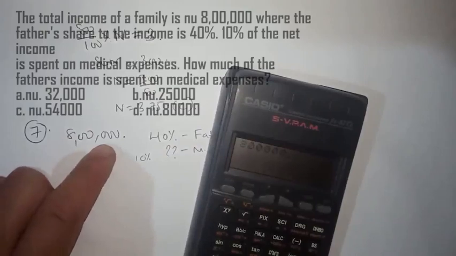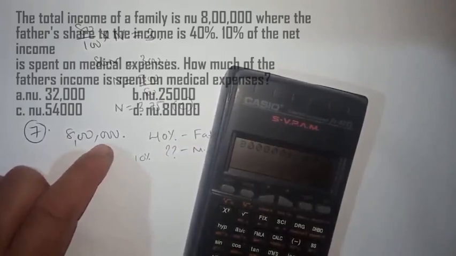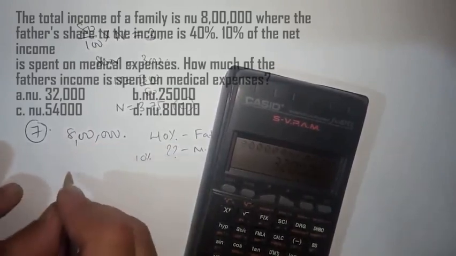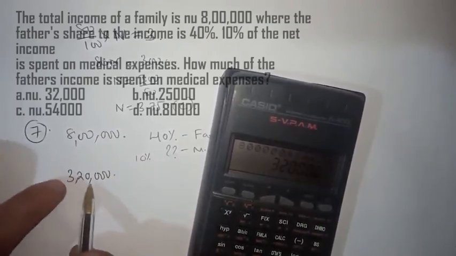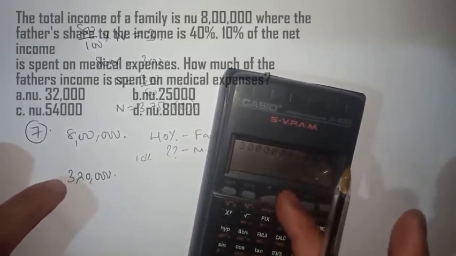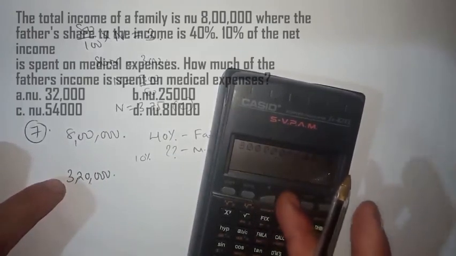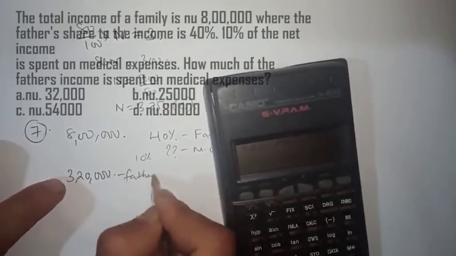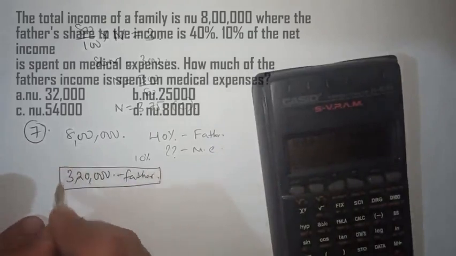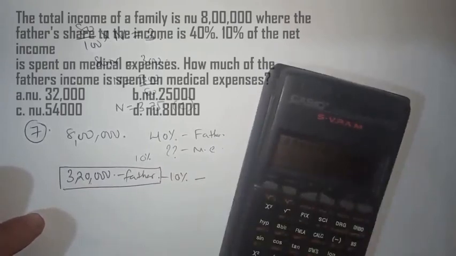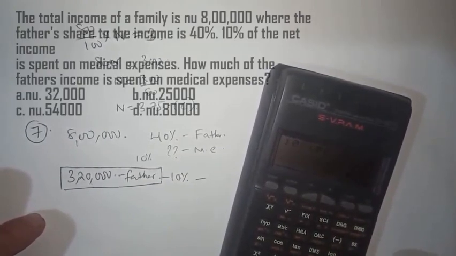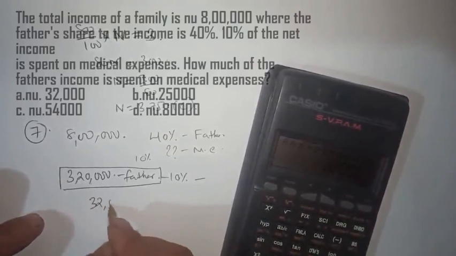40% of 8 lakh is 3,20,000, which is the father's share. The medical expenses are 10% of that, so 10% of 3,20,000 is 32,000.